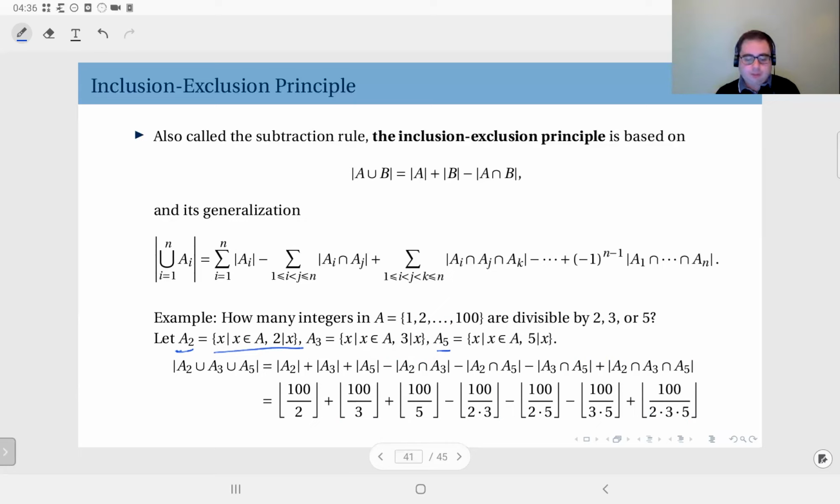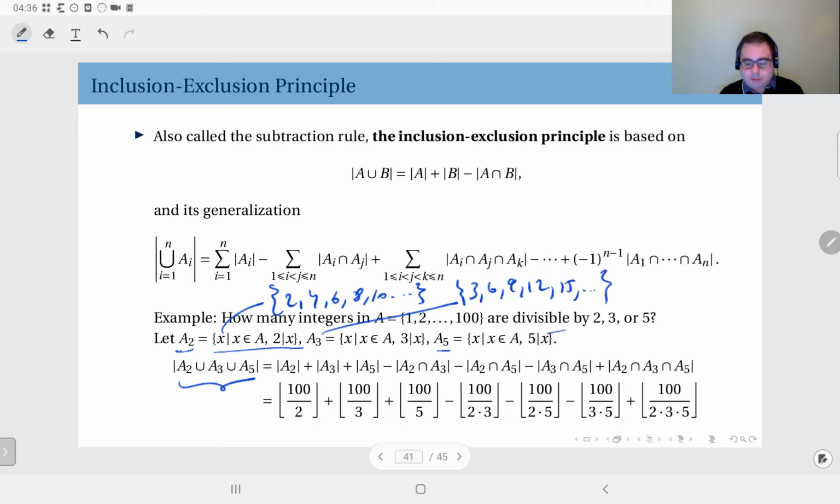Now, to obtain the number of elements that are divisible by 2 or 3 or 5, that is essentially the union of these 3 sets, because this is 2, 4, 6, 8, 10, and this one is 3, 6, 9, 12, 15, and finally this one is 5, 10, 15, 20, 25, up to 100.